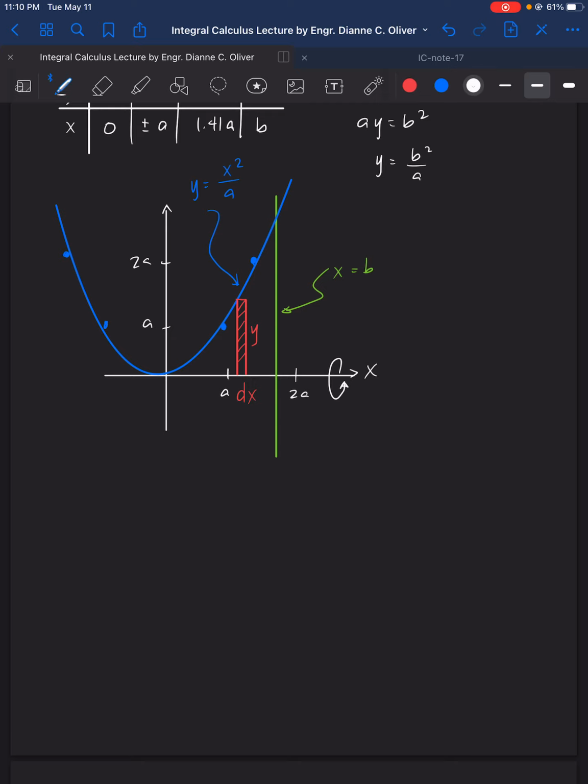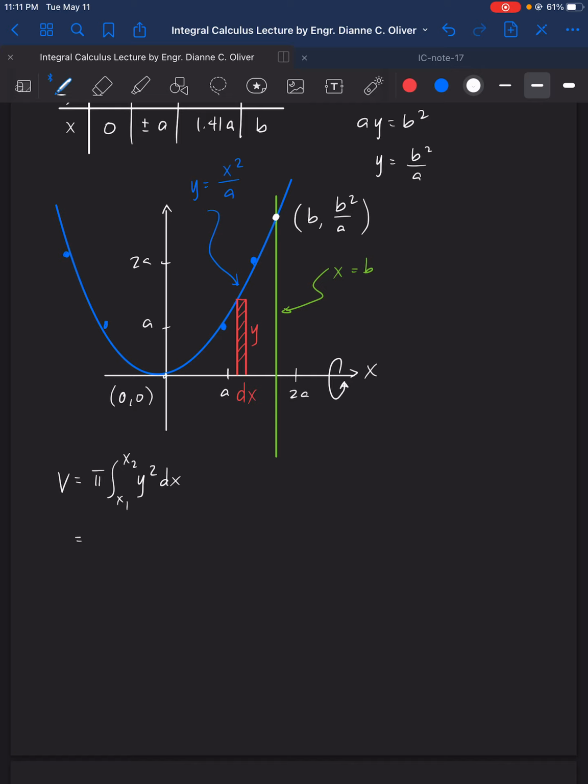So we have the limits, the points here, 0, 0. And then we have here, this is x is equal to b, therefore y is b squared over a. And we now have the volume is equal to pi integral of y squared dx, x1 to x2. Then we have y as the upper limit minus the lower limit.